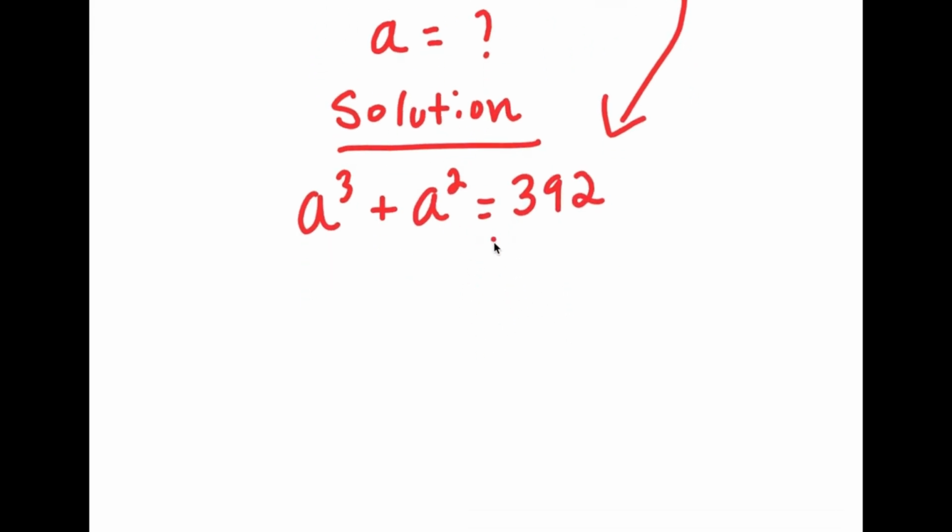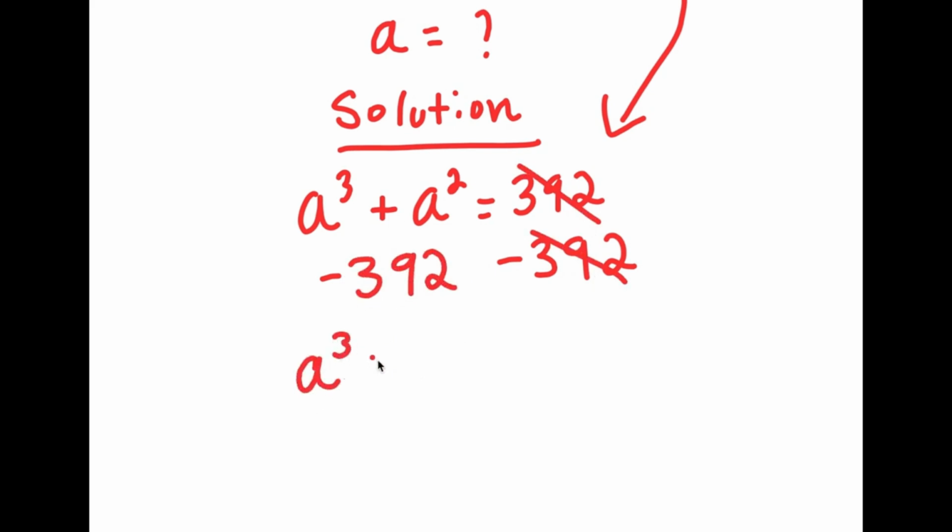And now I'm going to subtract 392 on both sides. So then these two cancel out, and this turns into a to the power of 3 plus a squared minus 392 is equal to 0.